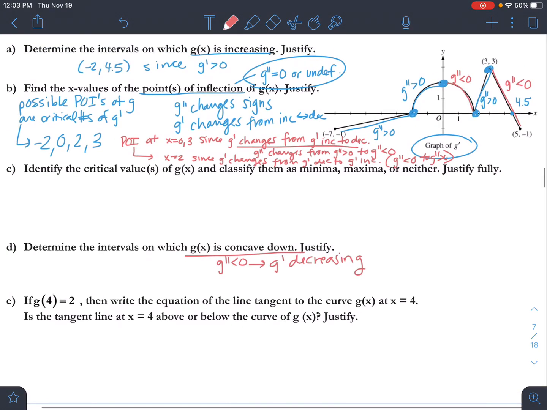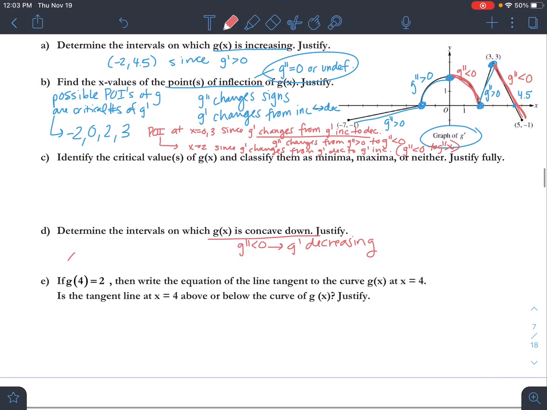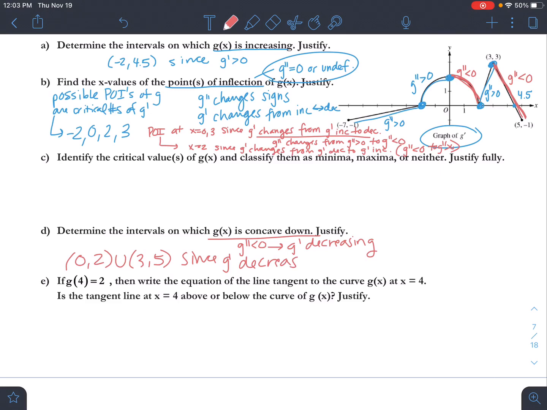So we already wrote this down, but g prime was decreasing from 0 to 2 and from 3 to 5. Okay, so from 0 to 2, union 3 to 5, since g prime is decreasing, therefore g double prime is negative. Okay, just like those things we were looking for.